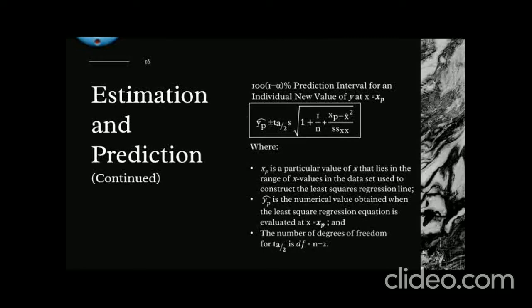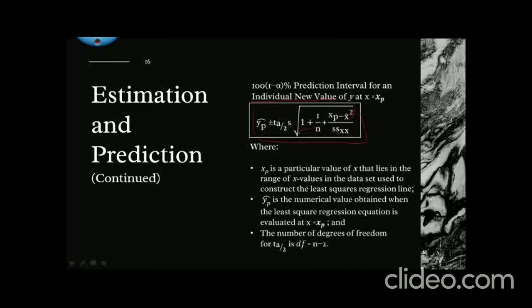Next, the second condition is the 100 multiplied by (1 minus alpha) percent prediction interval for an individual new value of y at x equal to xp, where the formula is yp hat plus or minus t alpha over 2 multiplied by s times the square root of 1 plus 1 over n plus (xp minus x bar) squared over SSxx.